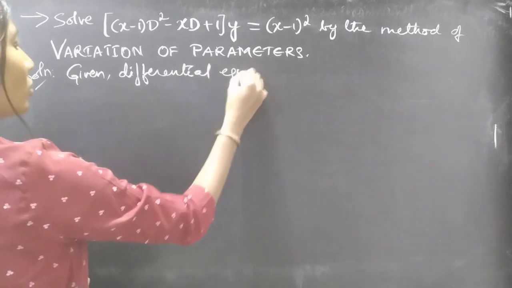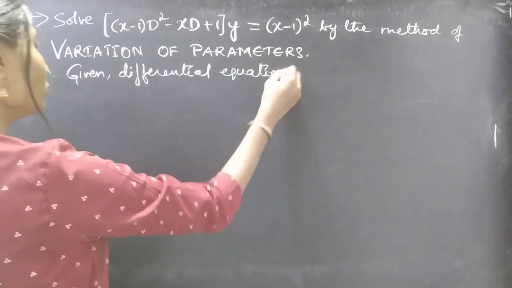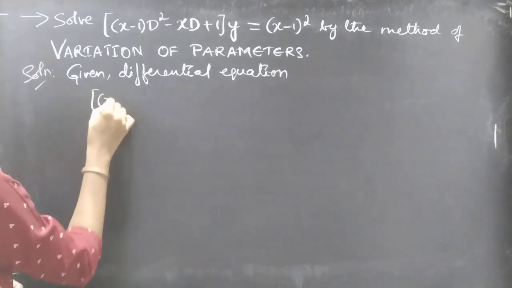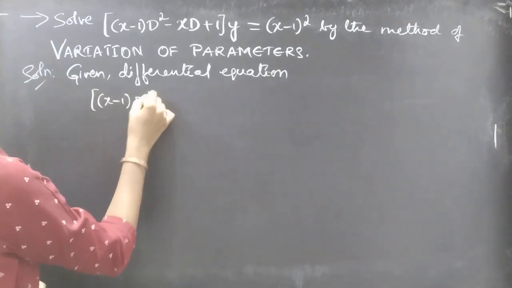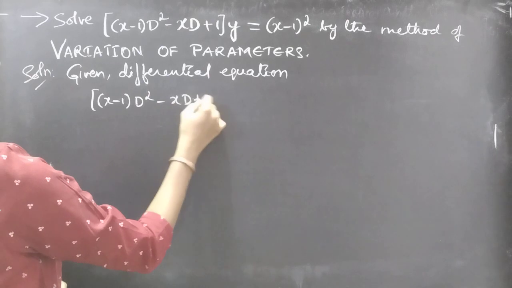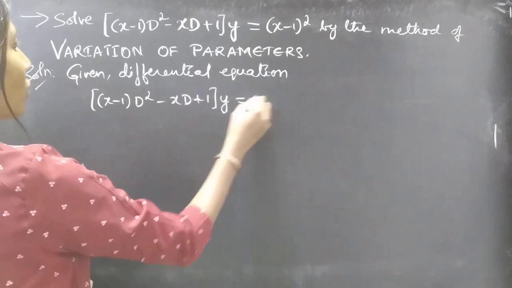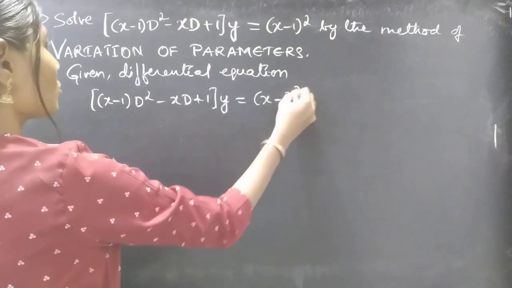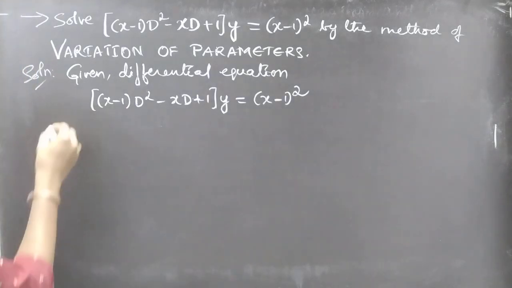Given differential equation, (x minus 1) D squared minus x D plus 1, into y equal to (x minus 1) whole squared, right?